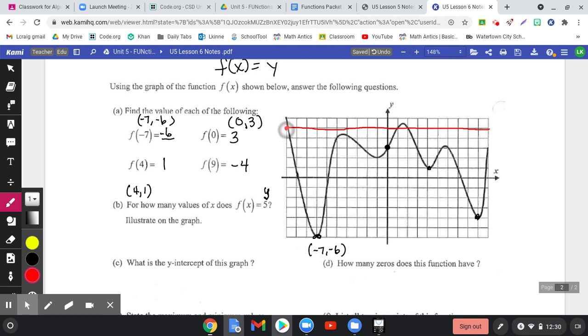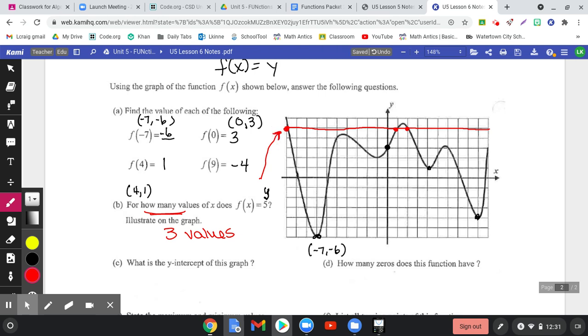Like this has a y value of 5. This has a y value of 5. This has a y value of 5, right? All right, there's 3 values that hit f of x equals 5.